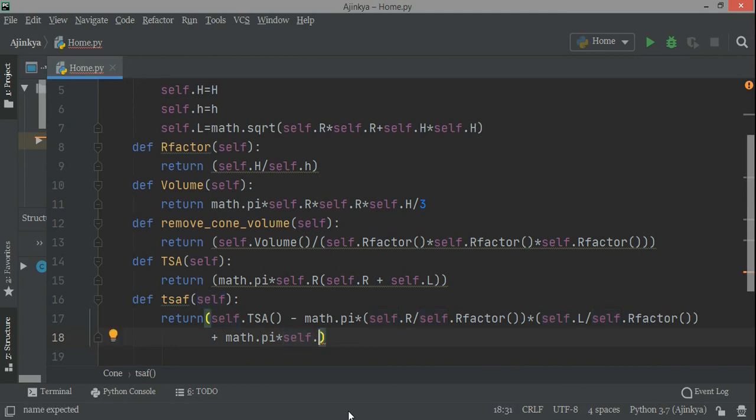So the total surface area of the bigger cone minus the curved surface area of the smaller cone, plus you have to add, because when you remove that cone another circular area comes up at the top of the frustum. This is what I'm trying to do. I think I made myself a bit clear.